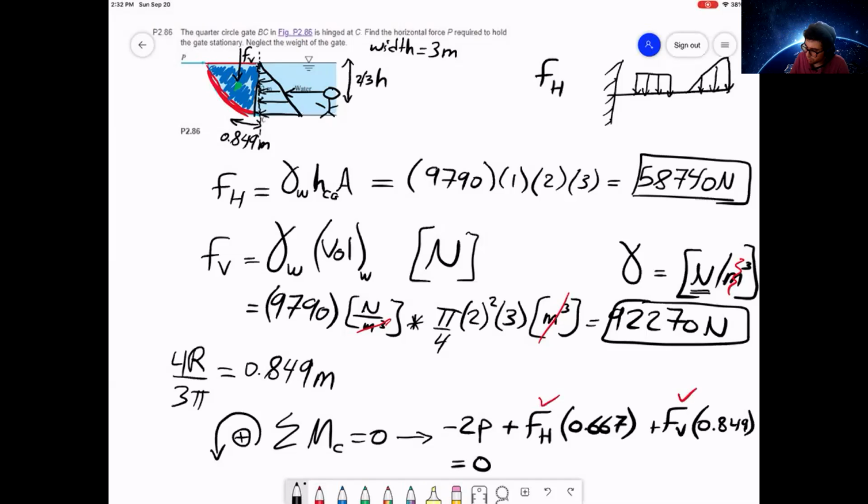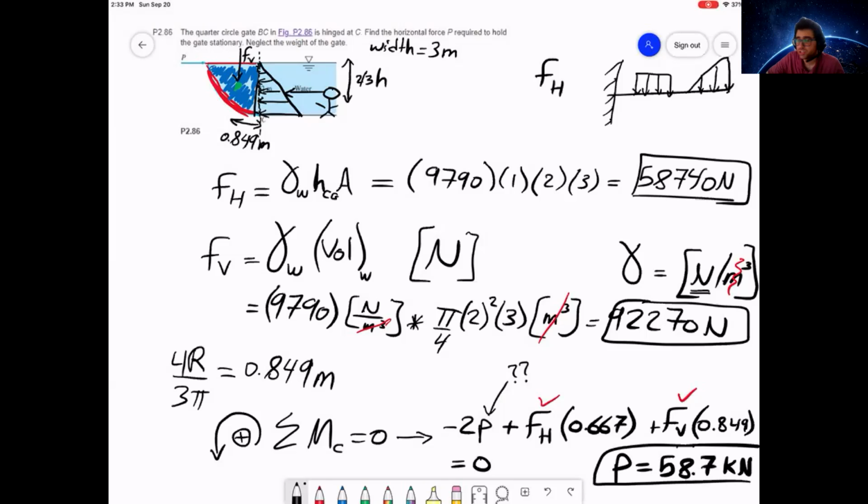You basically solve for P, and you should end up with a value, if you do the calculation, of 58.7 kilonewtons. That's the final value for P.